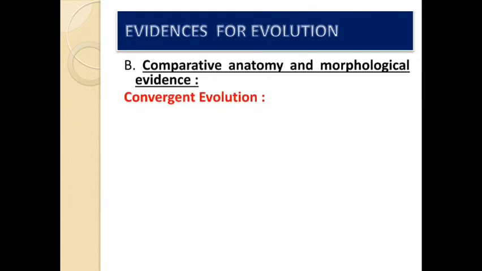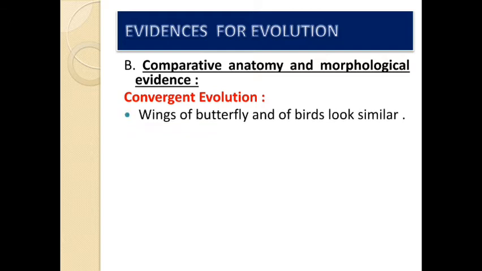So when we say convergent evolution, my dear student, wings of butterfly and of birds look similar. Yes or no? You have seen the butterfly also has wings and birds also have wings, isn't it? In both cases wings are used for what purpose?